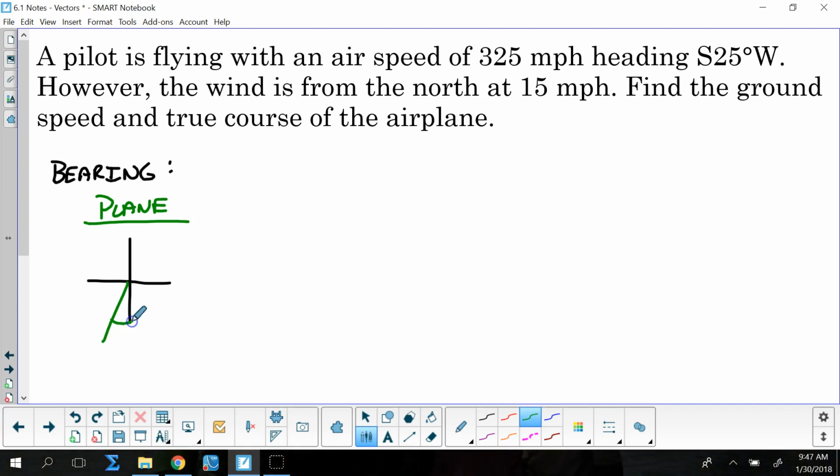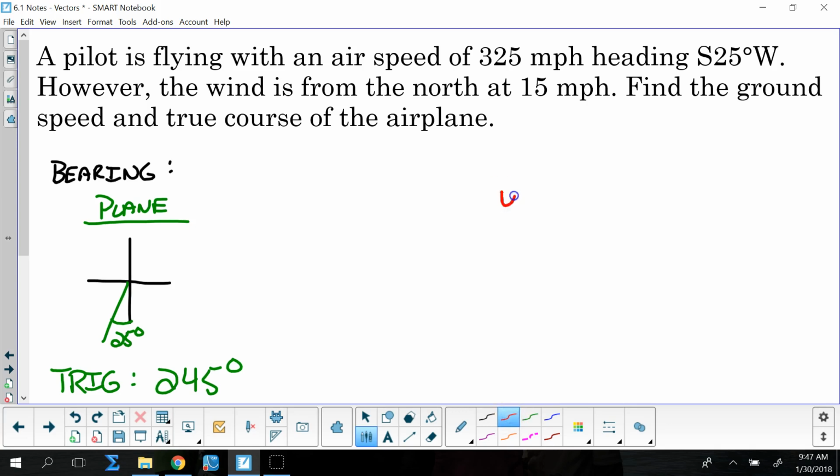So this angle in there is 25 degrees. Yes? Which gives me a trig angle of 245 degrees. Agree with that? Okay?